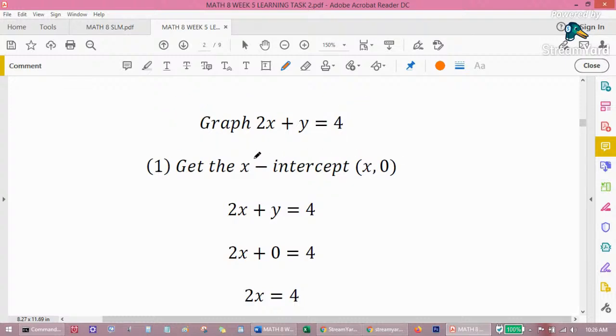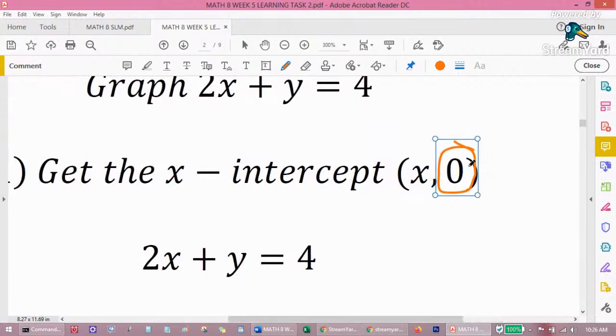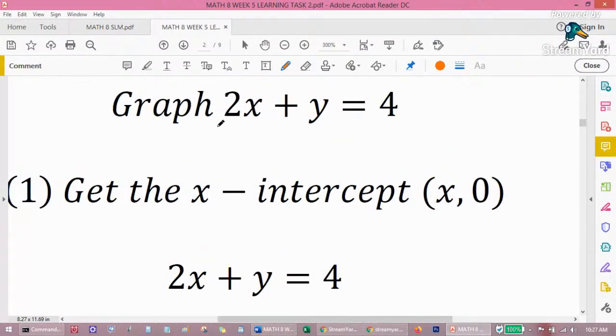So, since hinahanap natin ang x-intercept, gagawin nating 0 ang y. Kasi ang x-intercept, laging 0 ang y. So, kapag naging 0 ang y, ano ang magiging value ng x? So, yung value ng x ay ibibigay ng equation.